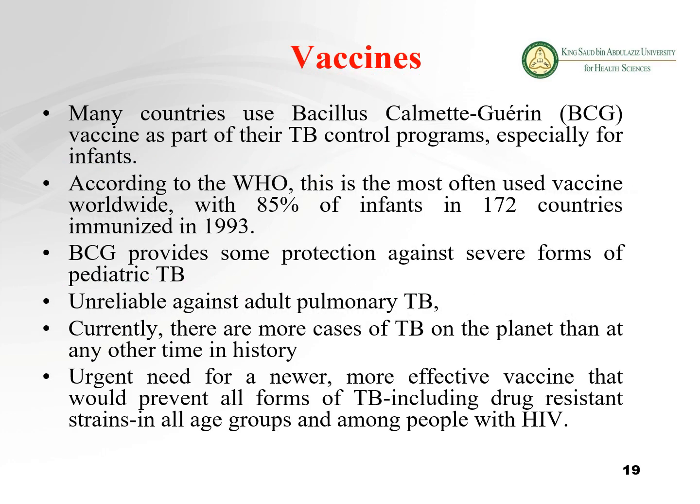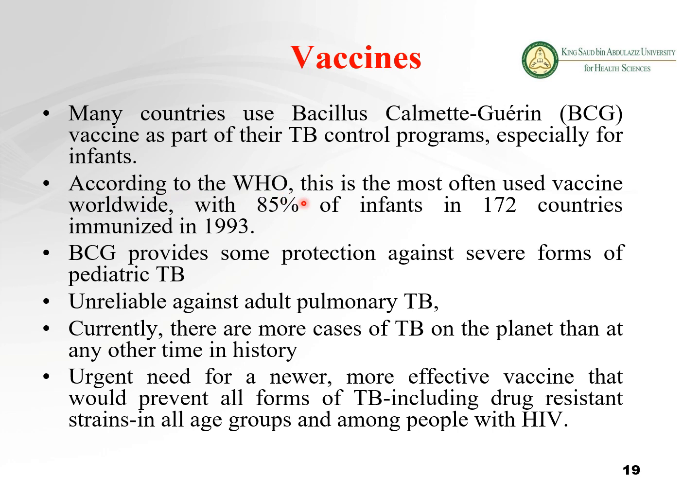Regarding the availability of vaccine, some countries have the Bacillus Calmette-Guérin vaccine, or BCG vaccine, as part of their TB control program, especially for infants. But the problem is that it is effective in infants but not in the adult population.